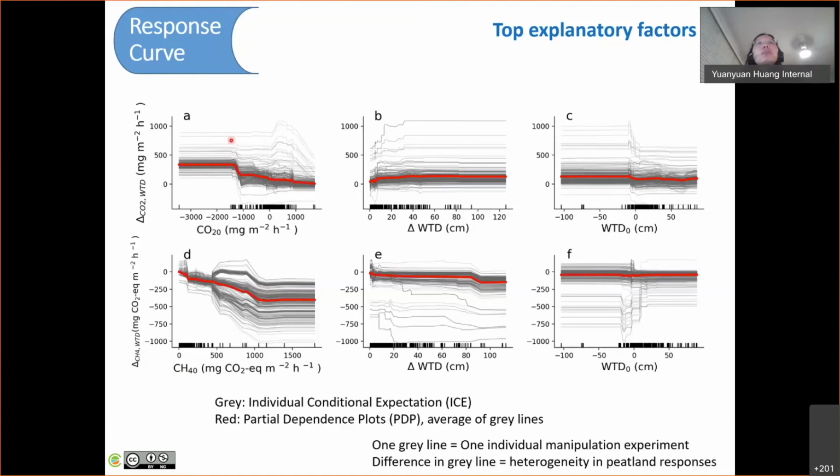The response curves are also quite different across the individual studies and in different ranges of the predictors, which captures the heterogeneity of the ecosystem response.